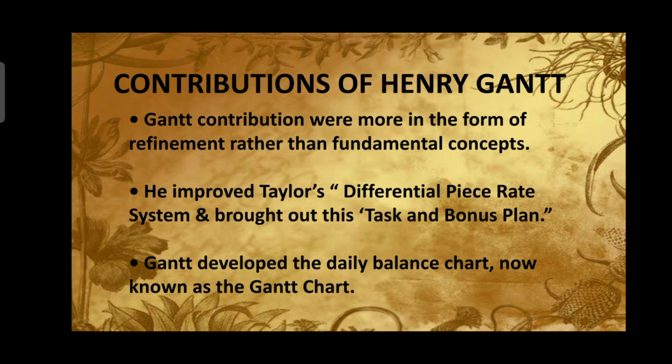Henry Gantt brought another contribution, the task and bonus plan. That means we have to attain this much amount as the task, and we will get some bonus for doing the work. So that is the task and bonus plan.